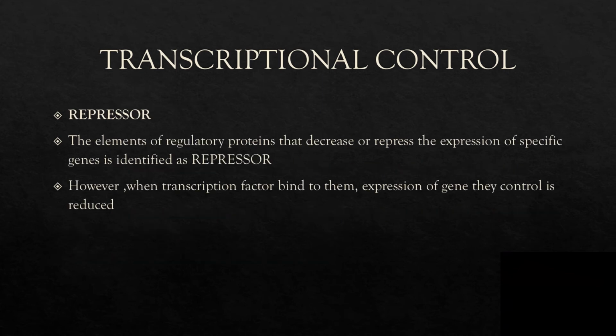Now, repressors are regulatory proteins that decrease or repress the expression of specific genes. These are identified as repressors. When these transcription factors bind to them, the expression of the gene they control is reduced, or basically suppressed. That's what repressors do.